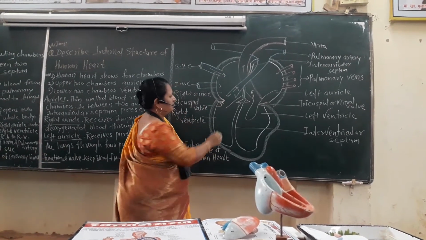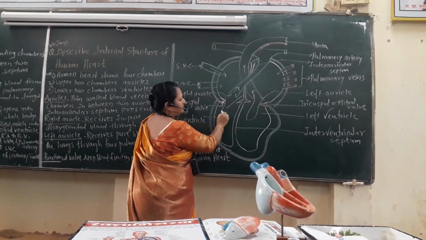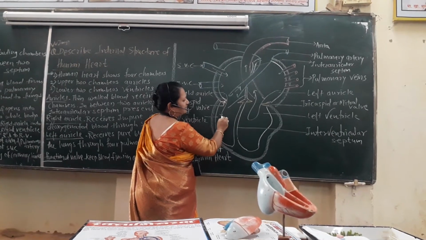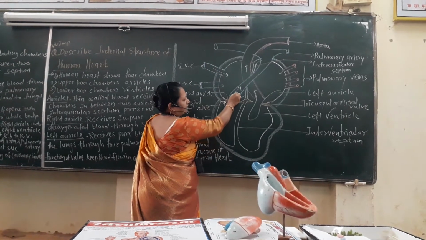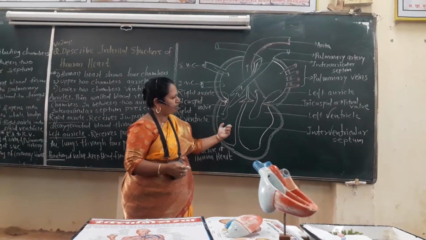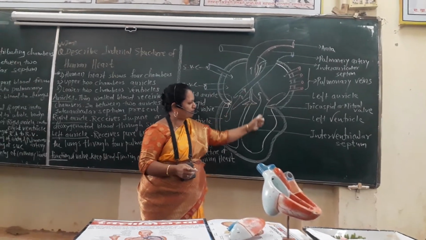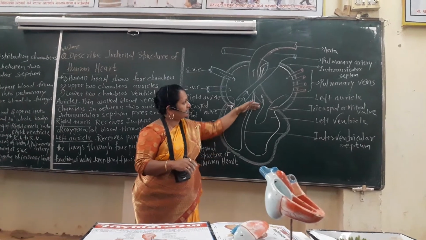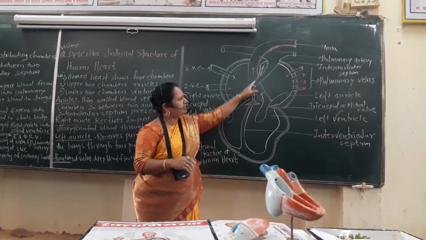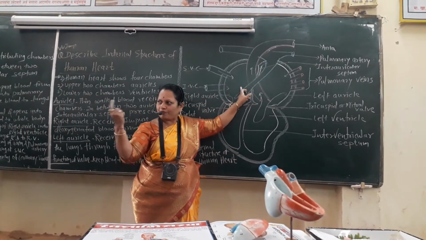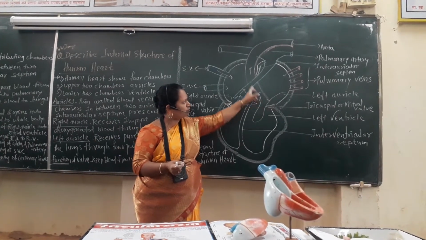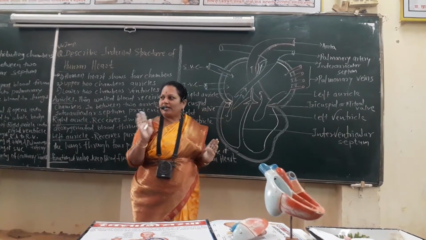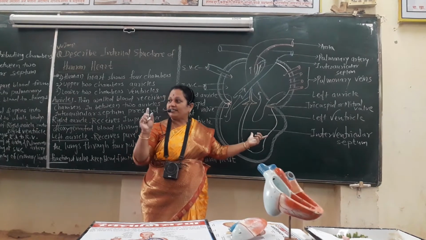That means blood from the auricles enters the ventricles, and at the time of contraction of the ventricles, impure blood enters the pulmonary artery and pure blood enters the aorta. That means this blood is distributed. Impure blood is distributed to the lungs for purification, pure blood is distributed to the body through the aorta. Therefore, ventricles are called distributing chambers.